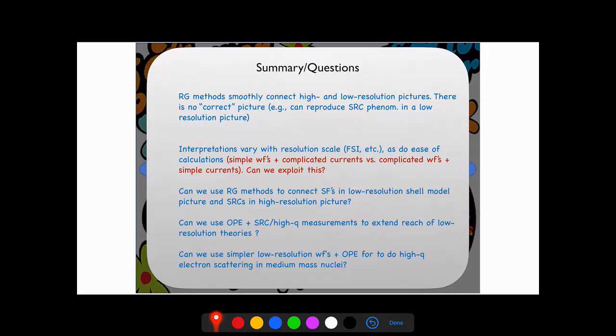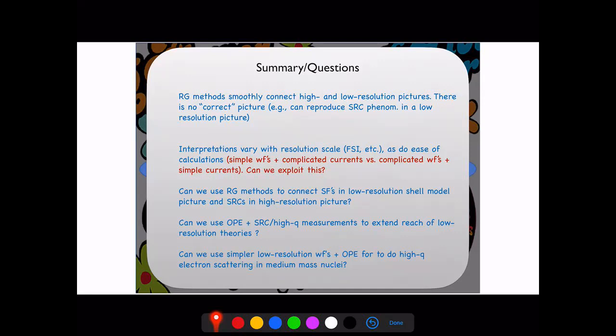In that sense, there is no absolute or absolutely correct picture. In other words, you can reproduce and analyze SRC phenomenology in a low resolution picture, just as you can do nuclear structure calculations in a high resolution picture. It's extremely hard to do one or the other, but the point is you can do it.